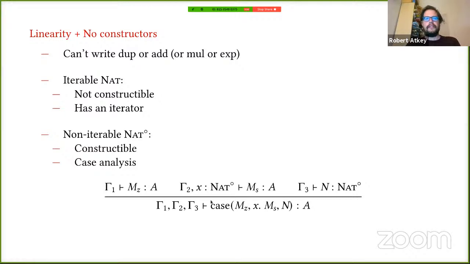So here we can pattern match on whether it's zero or successor in this case analysis. But what we can't do is iterate upon them. So we can construct things that we can't iterate, and we can iterate on things we can't construct. So we've got these hollow natural numbers that don't allow iteration.